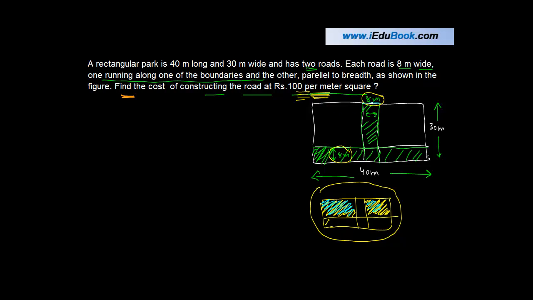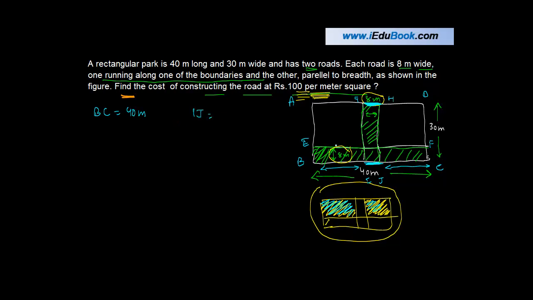So let's say for example, this portion is 8 meters, right? So what is the area of the remaining portion? The remaining, because total is 40, out of this 8 is covered here, so obviously the remaining is how much? Let's name these, that will be easier. A, B, C, D, E, F, G, H, I, J. So basically then we know that BC is equal to 40 meters, right?